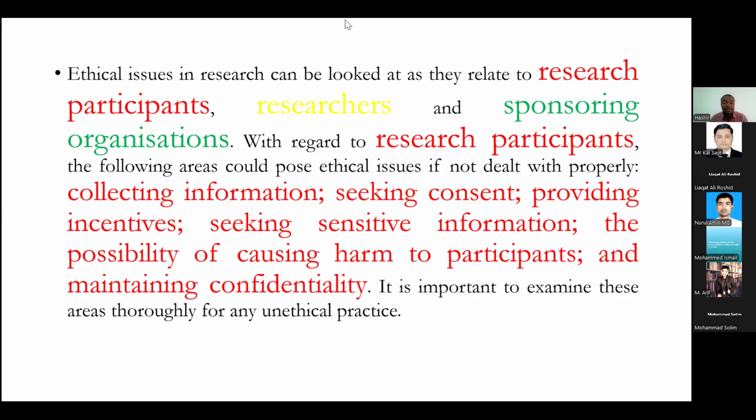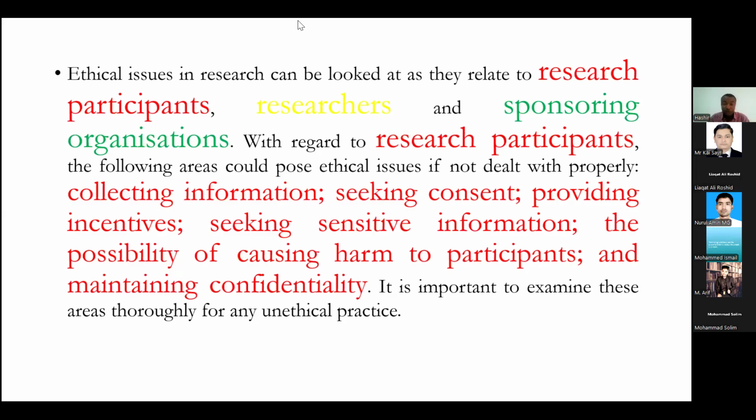Then seeking sensitive information. If something is very sensitive, you have to be very careful. Then the possibility of causing harm to participants, the people who are going to be your, what's the name? Your target group, your population, don't put them in danger.